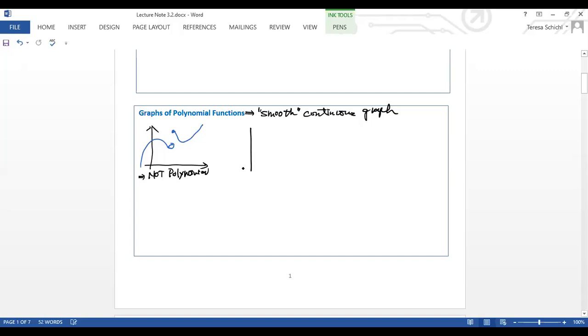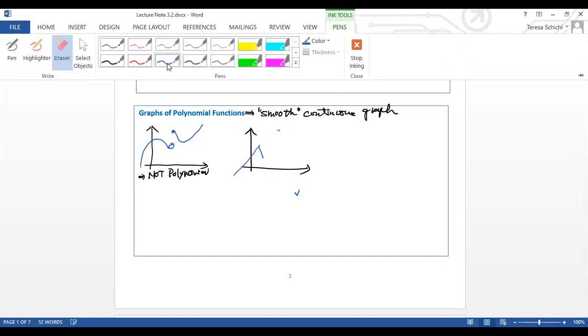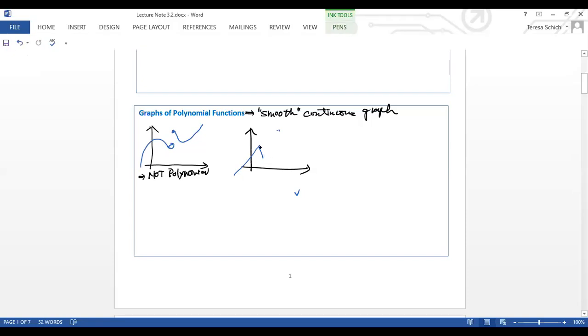Let's take a look at the other ones. You said you don't like the break, okay? So let me try to graph it a better way. Here I have a graph going up and then going down.